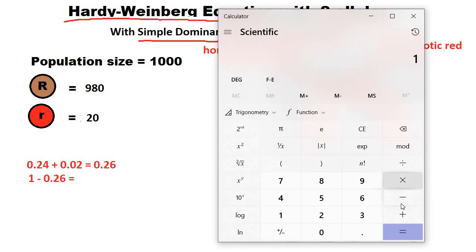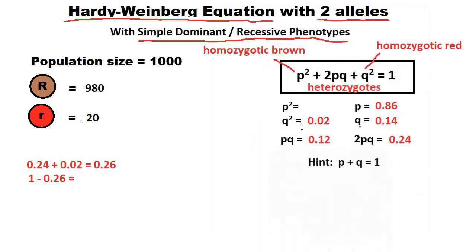Let's see, 1 minus 0.26, is it going to be 0.74? Yep, 0.74. And so the math works out perfectly.